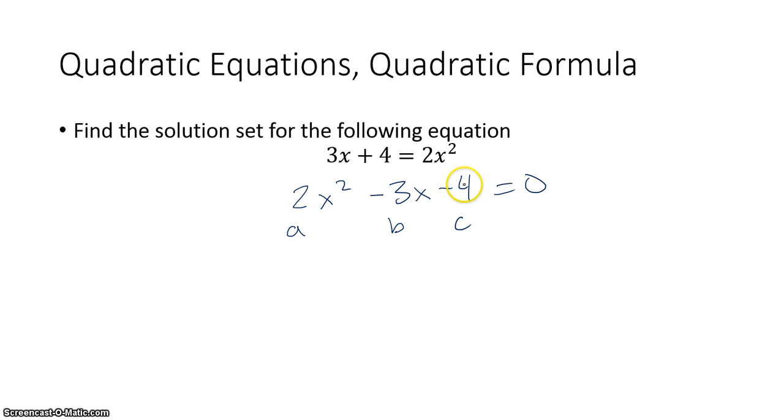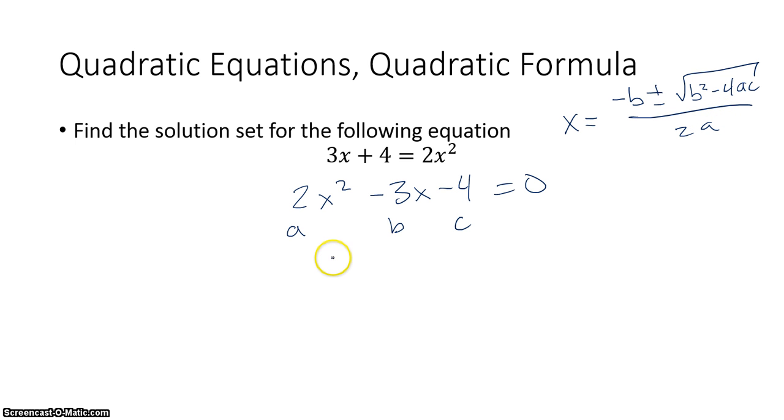The quadratic formula says that if you have a polynomial of degree 2 equal to 0, then the solutions are the x's where x equals minus b plus or minus the square root of b squared minus 4ac, all over 2a. So in this case, I get x equals minus negative 3.